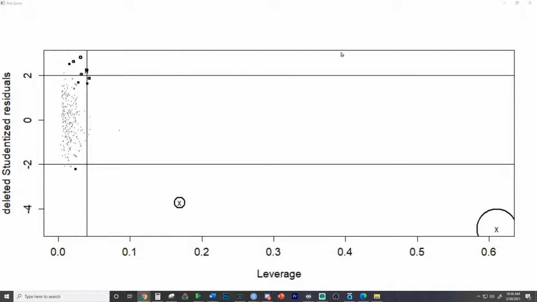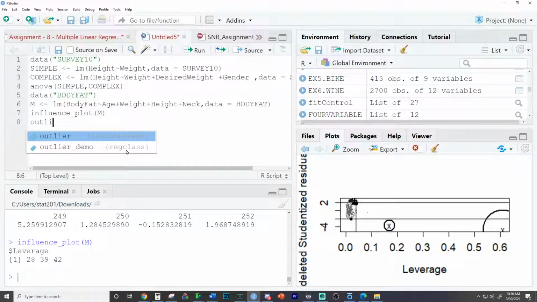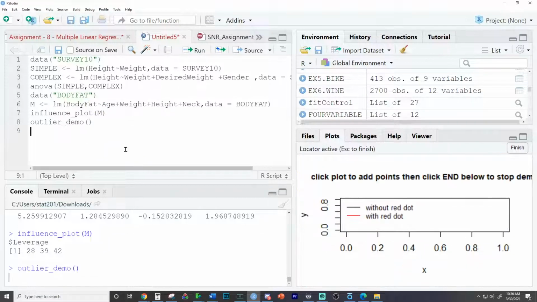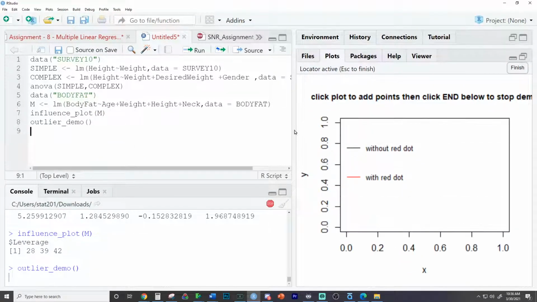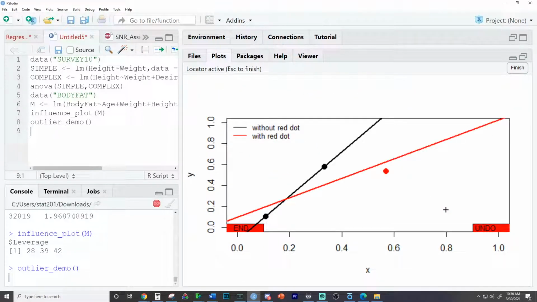When you look at this deleted studentized residual, what it means, I have to show you with the following plot. If we make a drawing like this right here, here is the line, and this is the line with the red point.